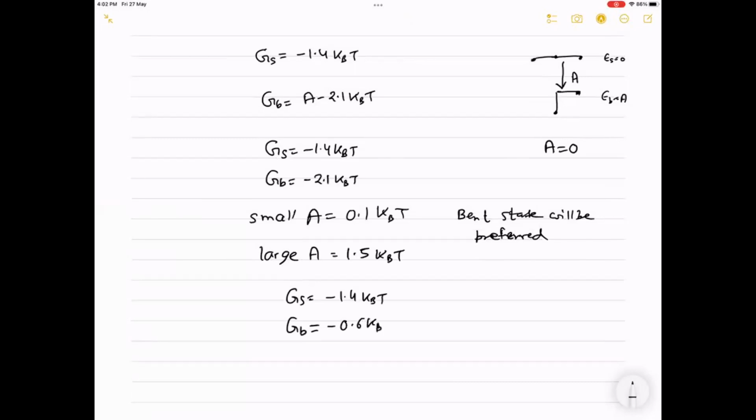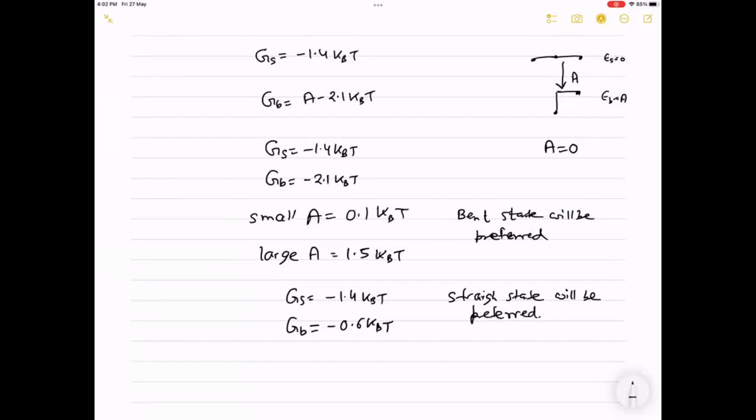Now if that is the case, then the system would like to stay in the straight state, because that is the state which will minimize the free energy.